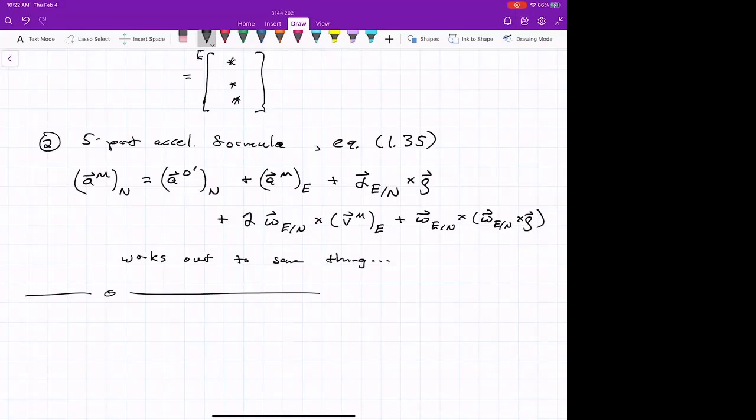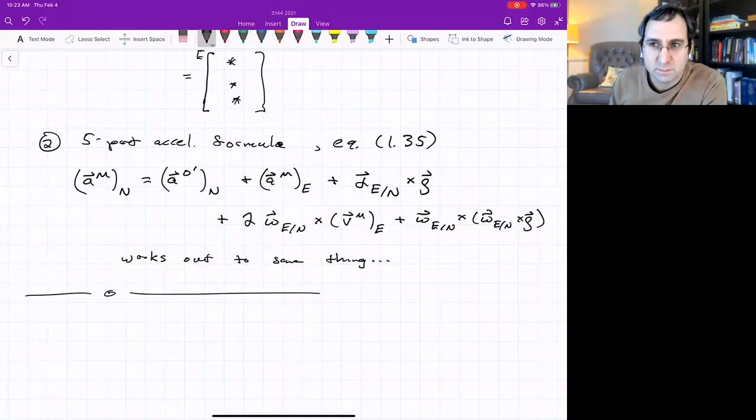So if we were required to find the velocity and the acceleration, you would recommend using the transport theorem formula. But if we were just required to find the acceleration, would you say that the 5-part acceleration formula is a more direct way to solve that? Not in general. If you have a good feeling for what each of these terms are in the acceleration formula, then yes.